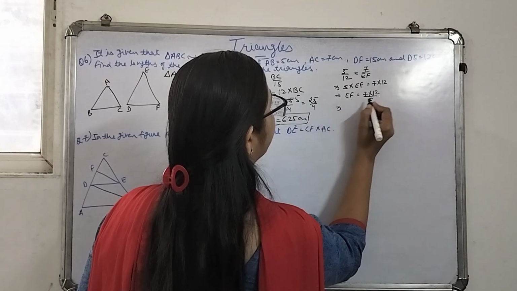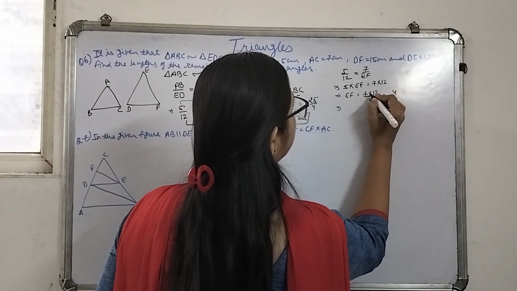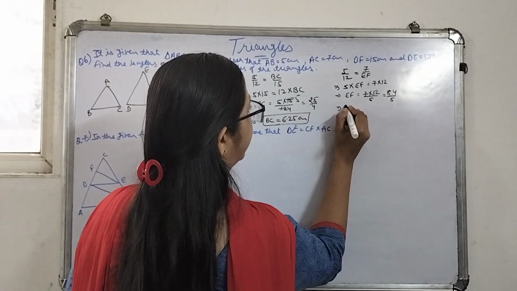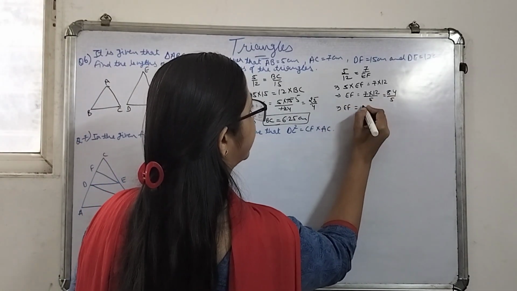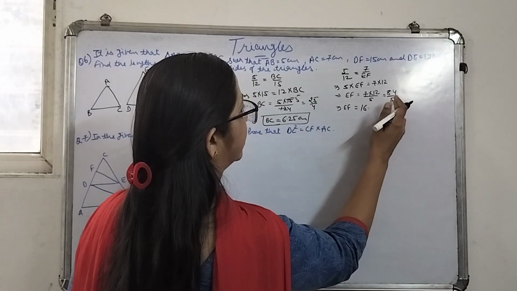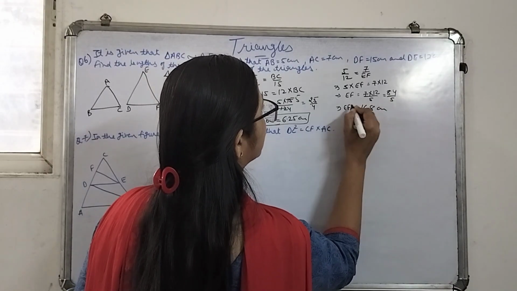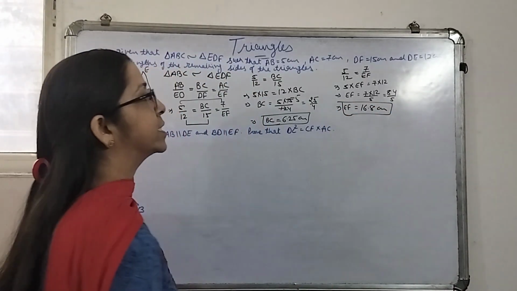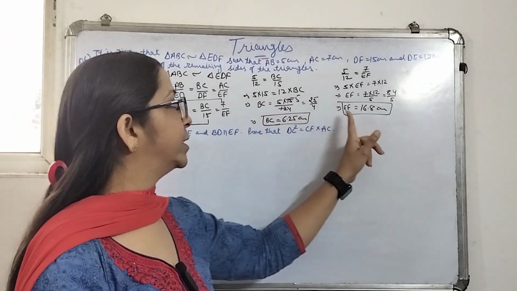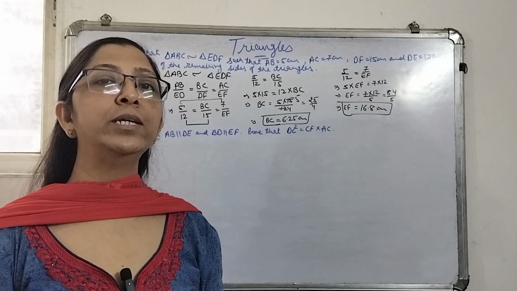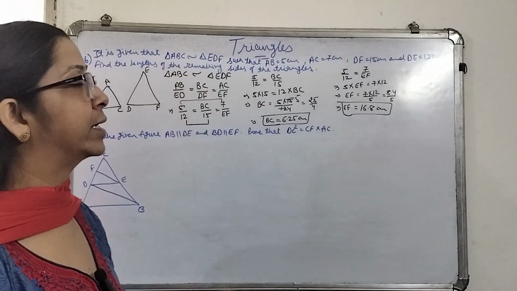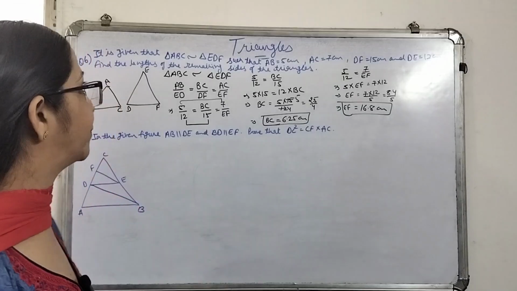So the value of EF will be 84 over 5, which is 16.8 centimeter. So the side BC will be 6.25 centimeter and EF will be 16.8 centimeter. So this is how we can find the remaining sides if two triangles are given to us in similarity.